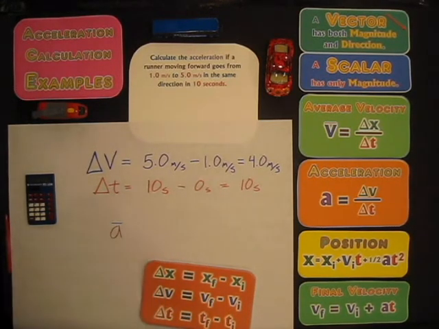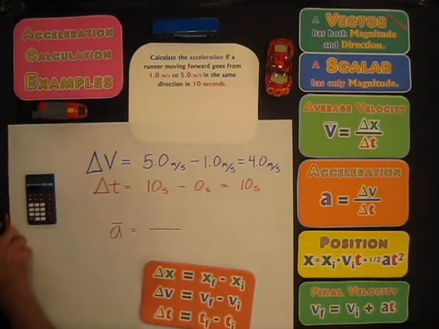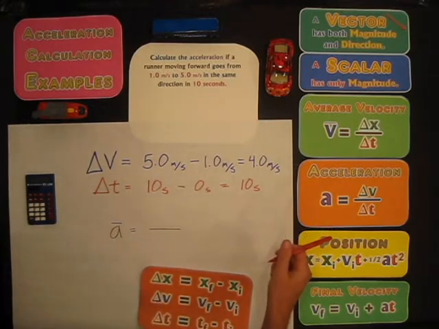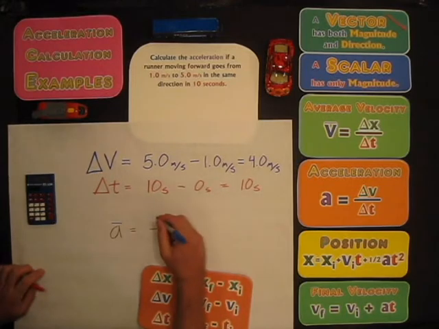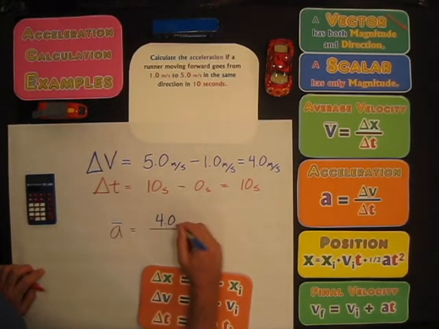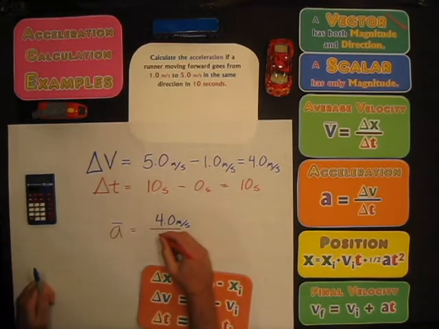So to get my acceleration, and technically it should be an average acceleration, it equals, here's the fraction, on the top we've got 4.0 meters per second, and on the bottom we've got 10 seconds.